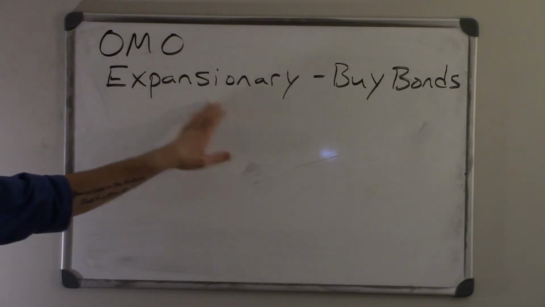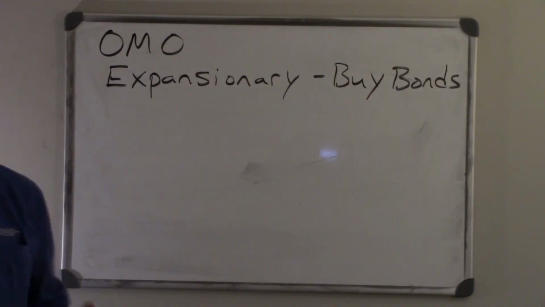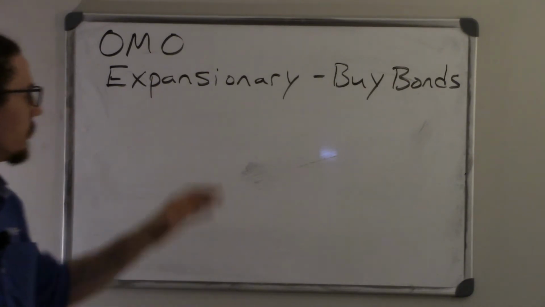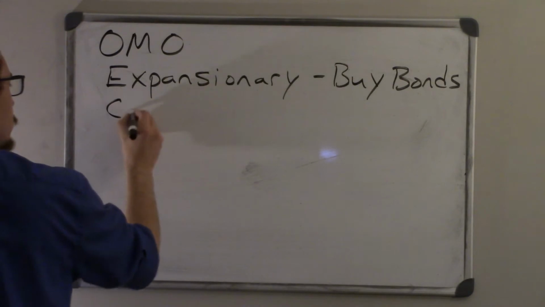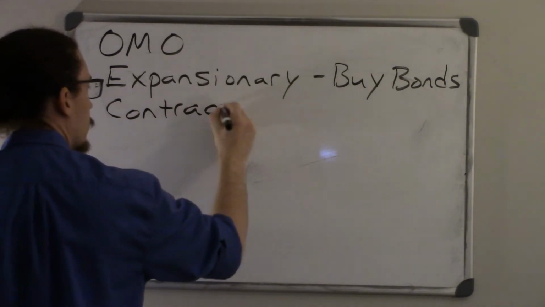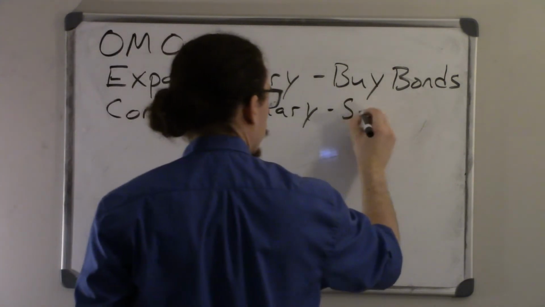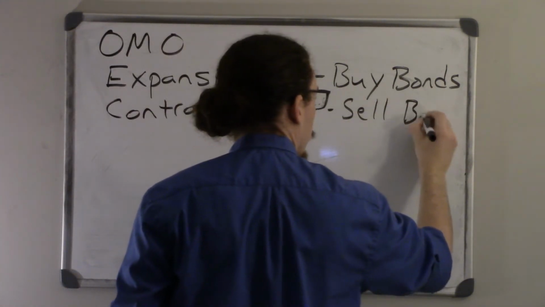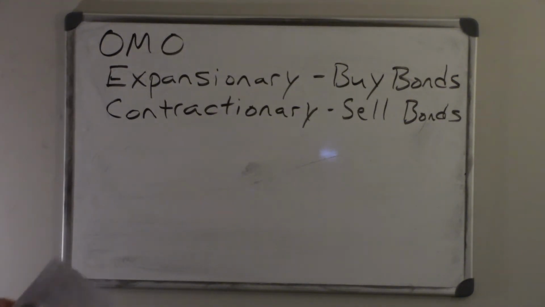Right? So when the Fed buys bonds, they're putting more money out into the economy, increasing the money supply, right? So that is expansionary, right? Contractionary policy using open market operations would be the opposite, all right? So this would be when the Fed sells bonds.